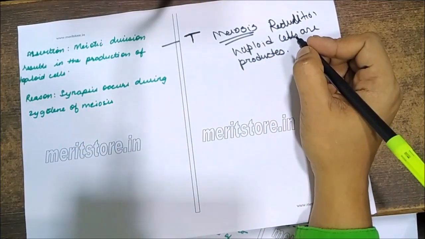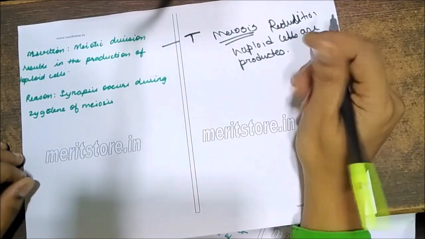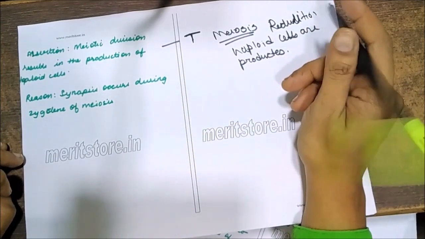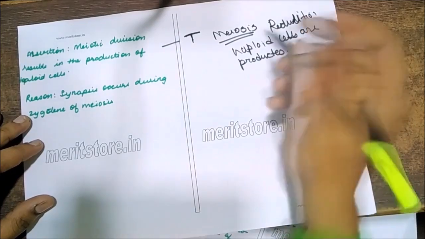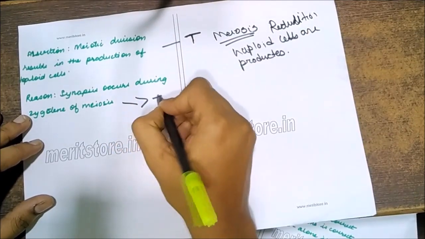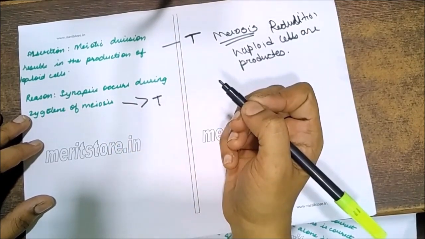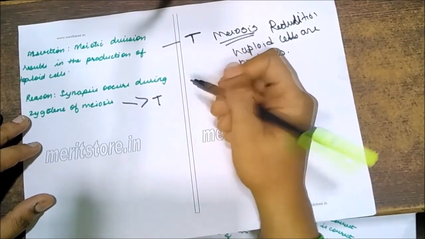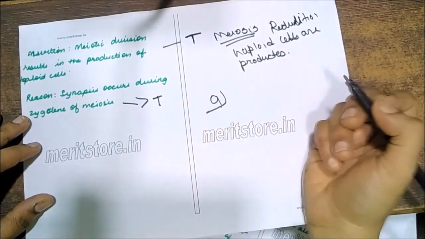So this statement is true. Reason: synapsis occurs during zygotene of meiosis. Now this statement is also true, right? So the correct option would be A.